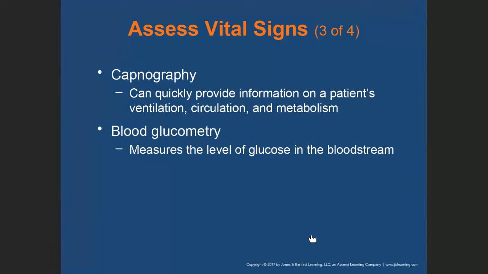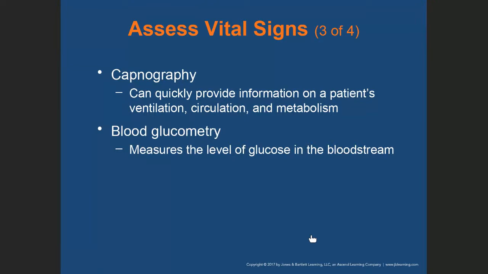The normal range for capnography is 35 to 45 millimeters of mercury. If the capnography reading starts to drop below 35, your patient is breathing too fast.